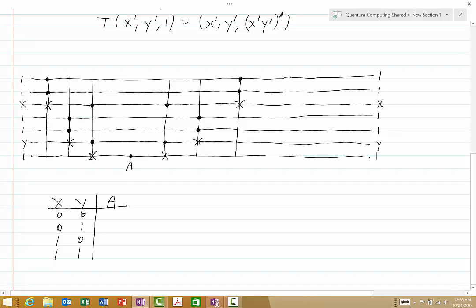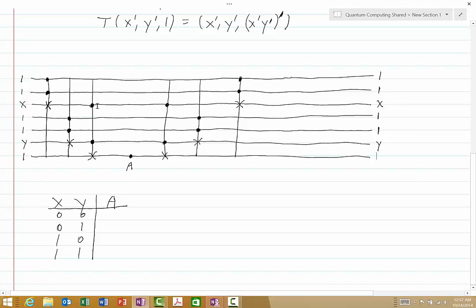And then finally, let's look at this 1 here. The way you can look at this one is the following. This 1 will stay a 1 unless there's a 1 here and a 1 here, in which case the 1 will get inverted to 0. But if there's a 1 there and a 1 there, then there is a 1 there and a 1 there, in which case the 1 would be inverted again here back to 0.